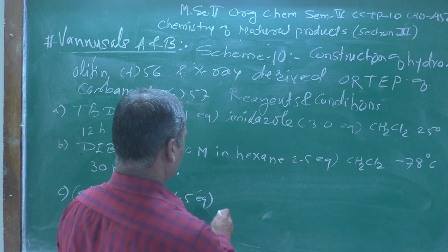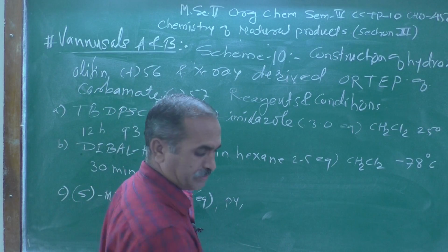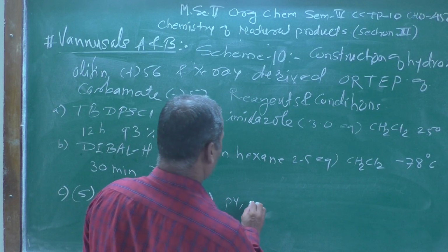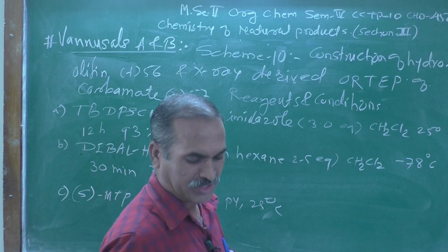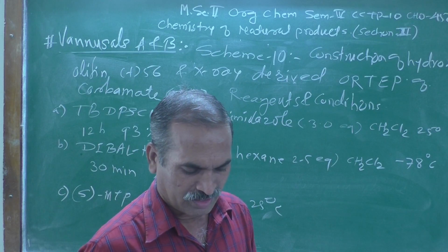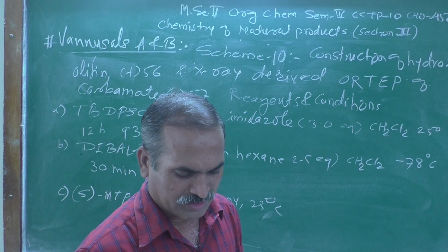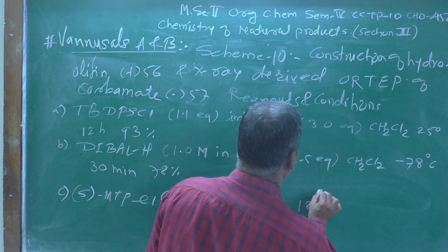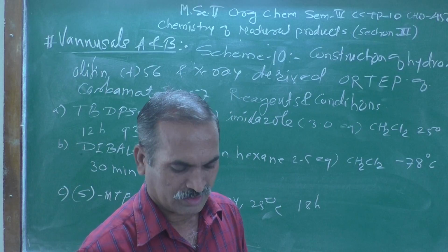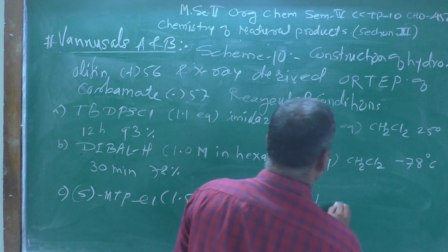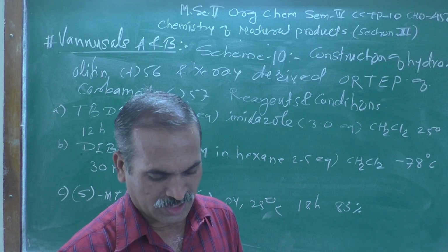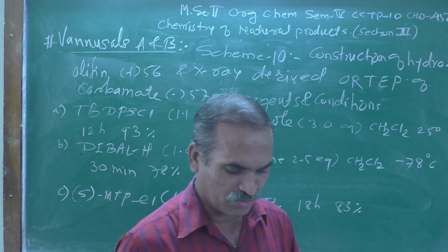Then pyridine used as the solvent, temperature kept about 25 degrees centigrade, and the reaction mixture was stirred for 18 hours, and an 83% overall yield is obtained for this product.